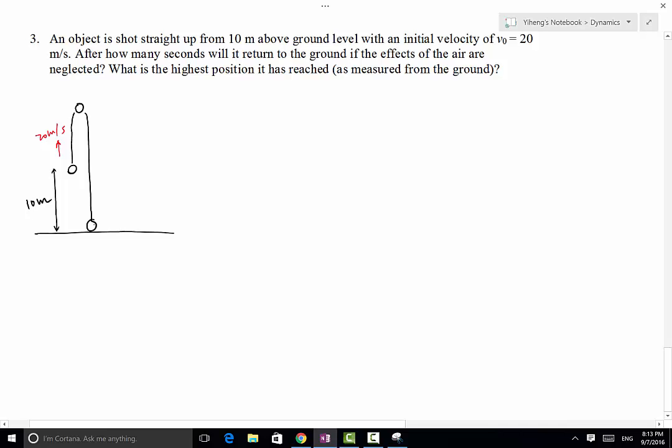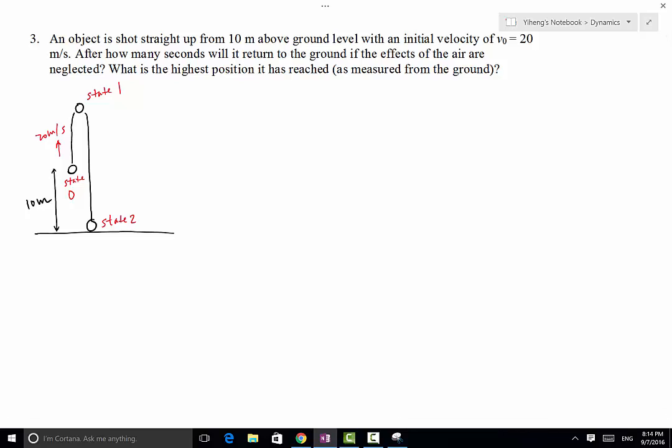If this is our initial state, state 0, this is our intermediate state, state 1, and this is our last state, state 2, we need to determine the total time it takes for this object to return to the ground if the effects of the air are neglected, which means that we only consider gravity, and also what is the highest position it has reached at state 1.